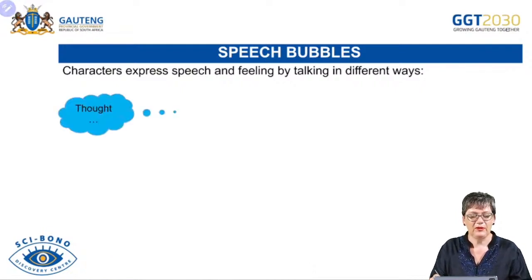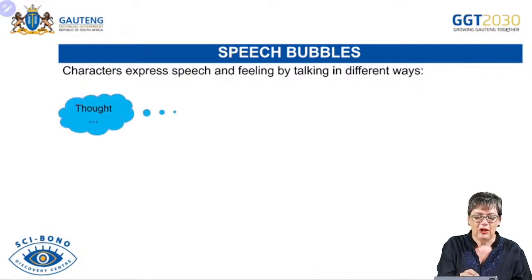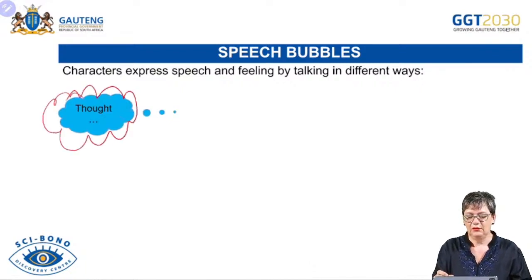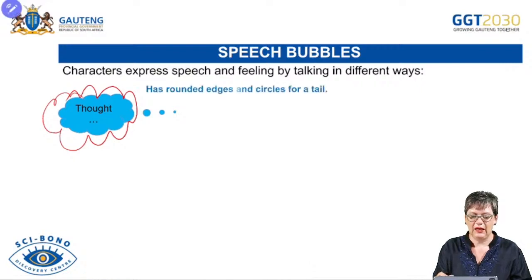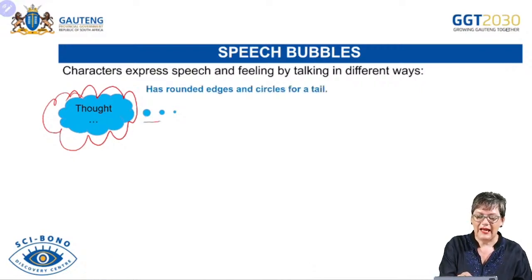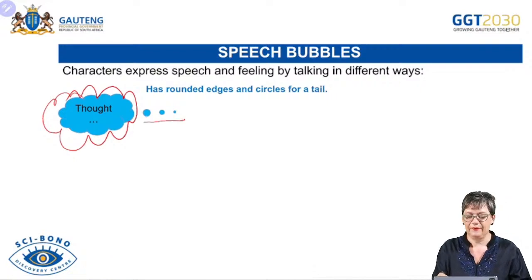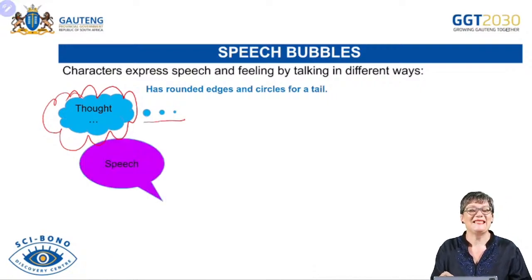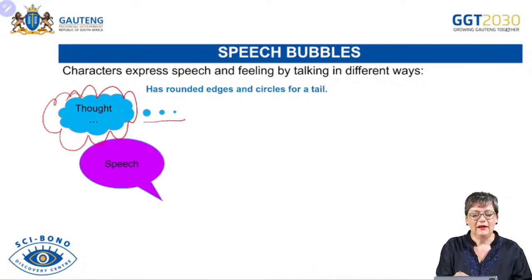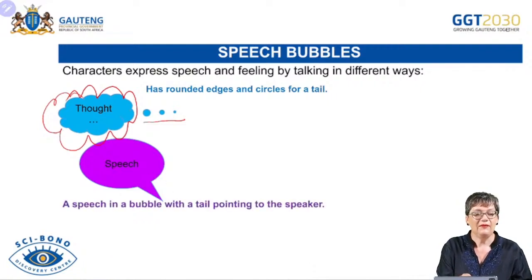We've got thought bubbles, and you'll see this one looks like a little cloud. It's always easy to recognize. Its edges are round, and it has a little tail, little circles for a tail. But if my character is speaking, you'll see that the bubble is more closed, and there might even be a tail pointing to who is speaking.